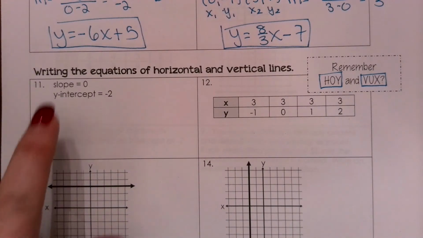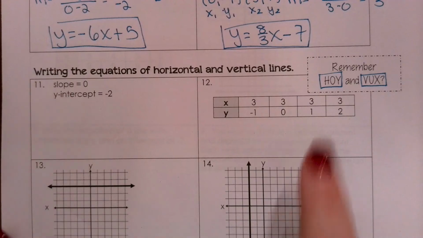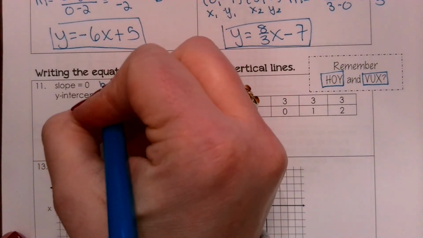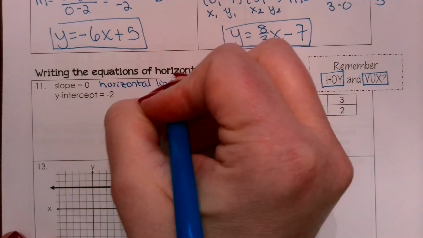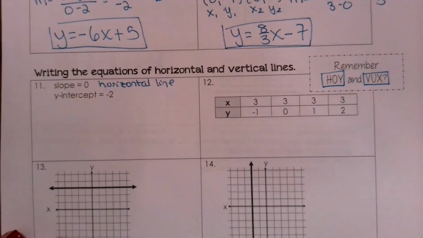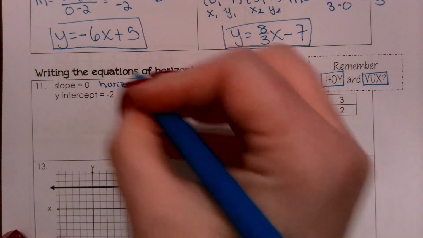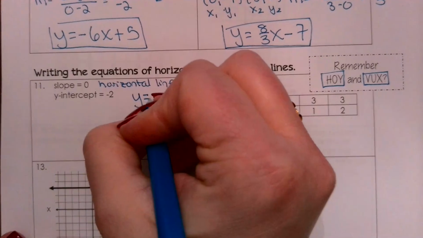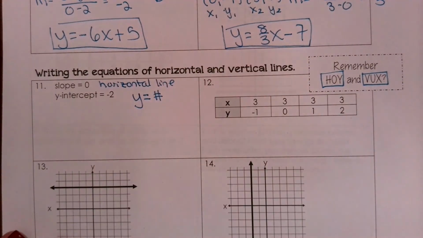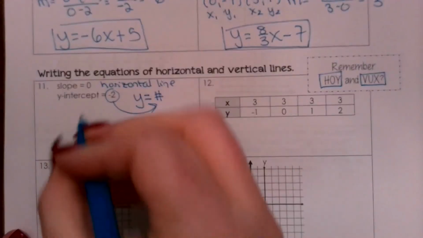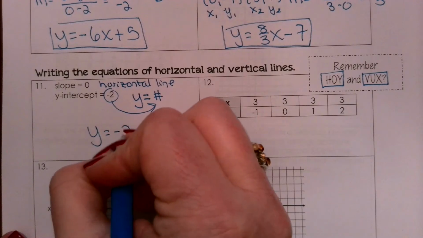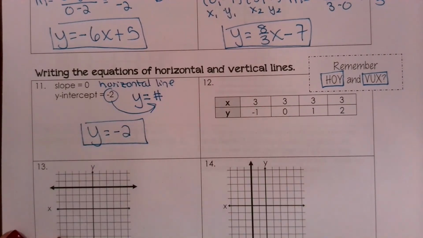So, if I have a slope of 0, horizontal line, and horizontal lines cross the y-axis, and it is y equals the number. And the number you're going to have is right here, -2. Y equals -2. And that is a horizontal line.